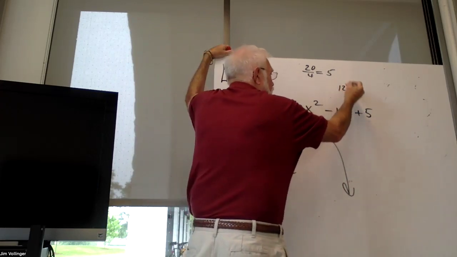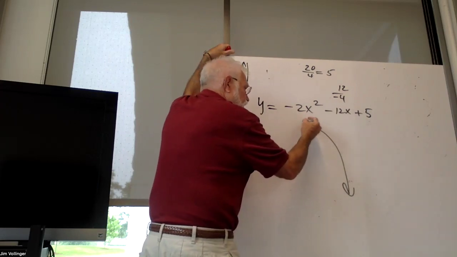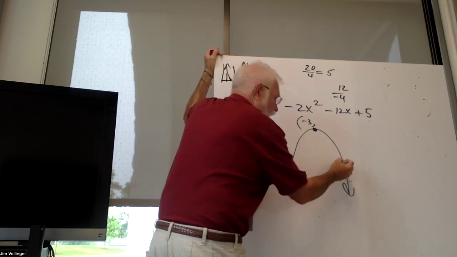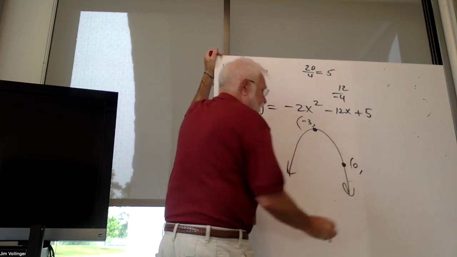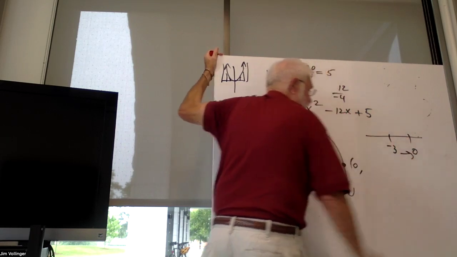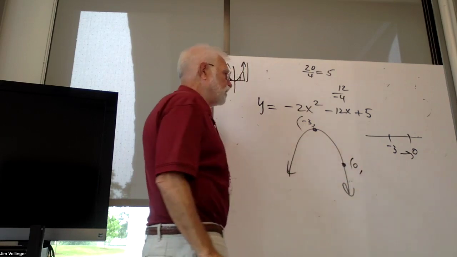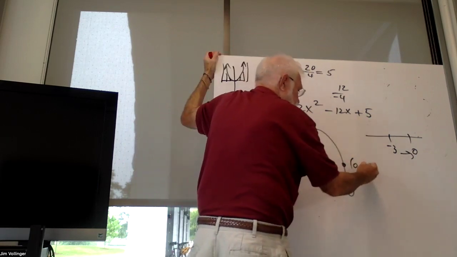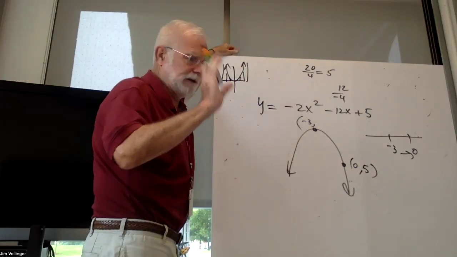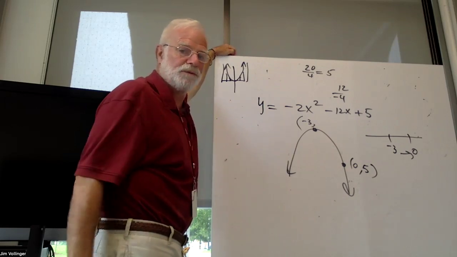Minus b, 12 over 2a, negative 4, gives me negative 3 as an x value, which means my y-intercept is to the right of that, because on a number line, 0 is to the right of negative 3. Always look at that, figure out where your y-intercept is, and I can see my y-intercept is 5. Right, so I'm one little step away from having this graphed, having some ownership of it.